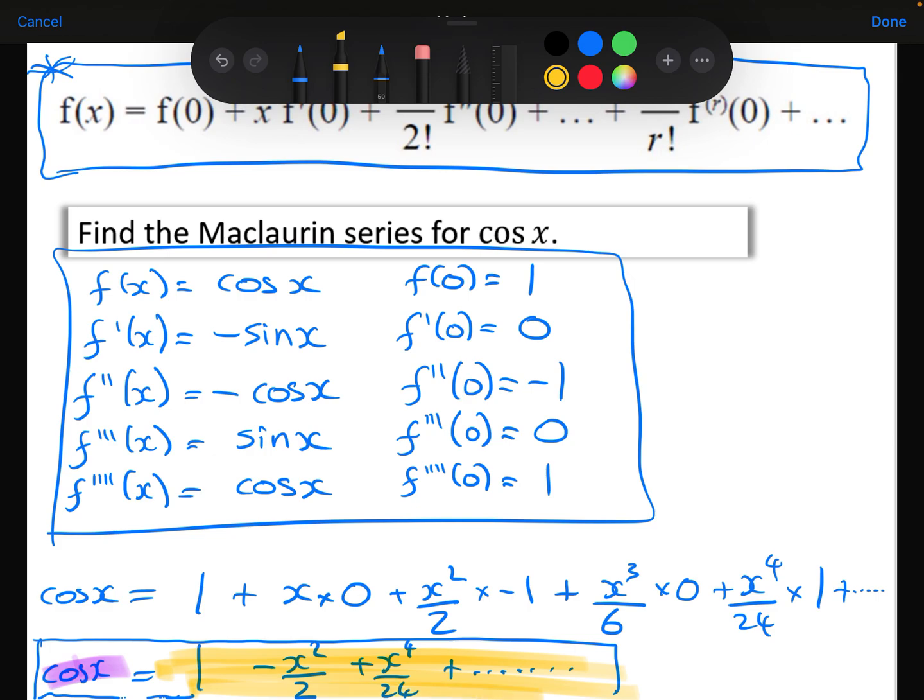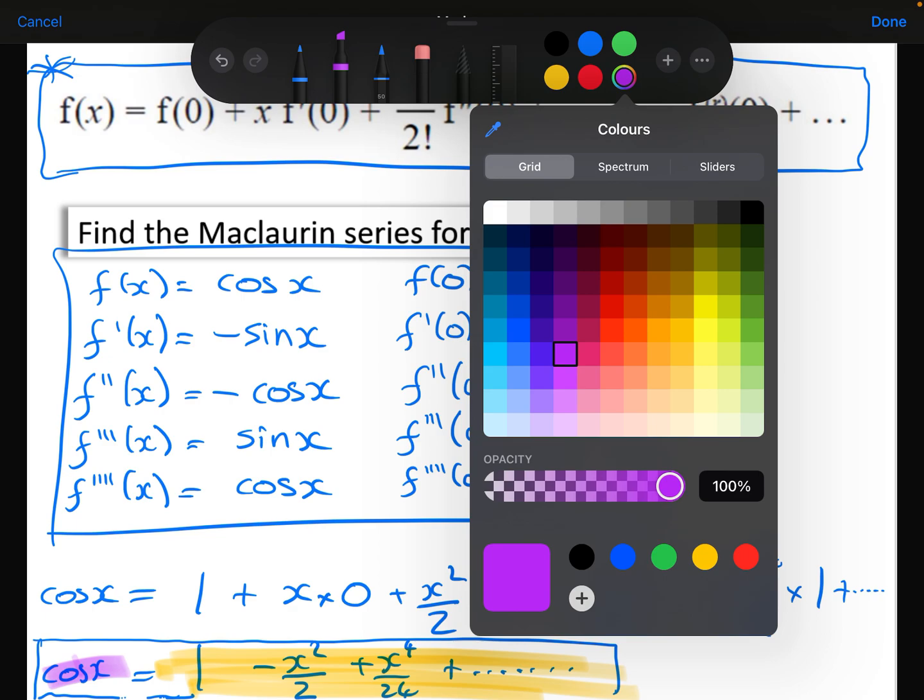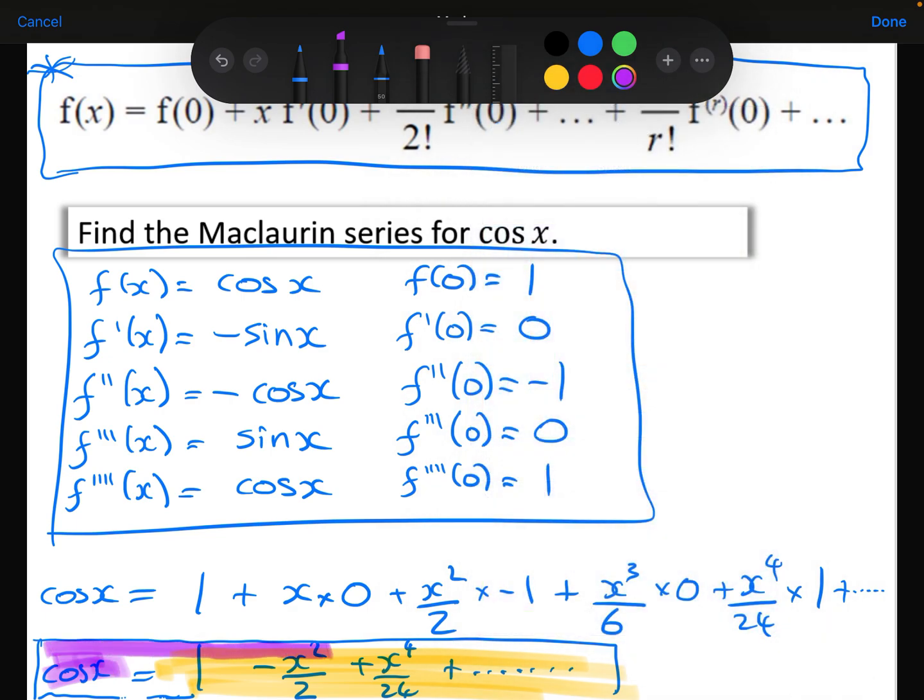You may, for example, notice the bit at the front. You should spot something here. If I just highlight just this bit here, you should recognise that from the small angle approximations that we did in regular maths. Because if x is small, then that allows you to ignore all of these other high power terms.